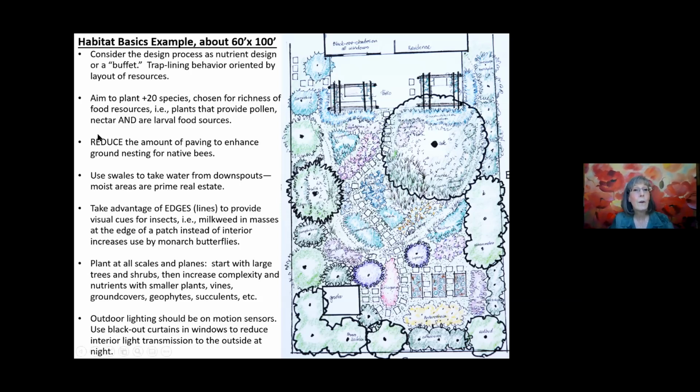So consider the design process then as a nutrient design, or a buffet, as I like to think of it. And trap lining behavior is oriented by a layout of resources. Trap lining is what bees do when they forage in an environment. They follow a path, the same path, over and over again, going to the resources that they find in the environment.